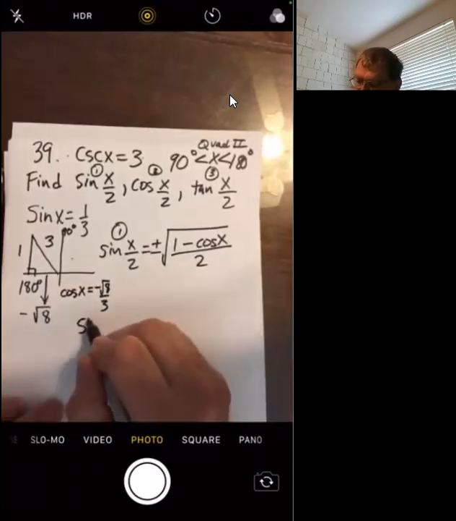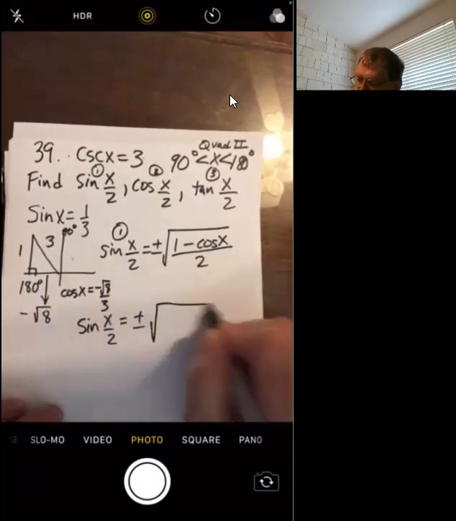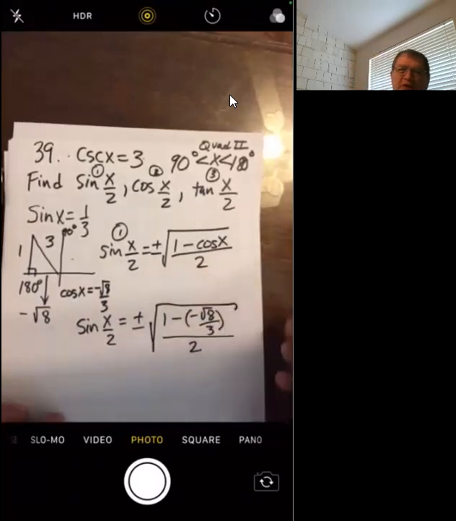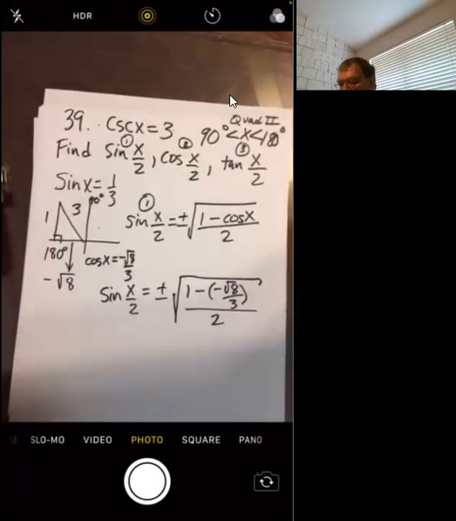So sine of x over 2 is plus or minus big square root of 1 minus negative square root of 8 over 3, all over 2. Again, it's just too nasty to do the rest of the work to simplify it down.